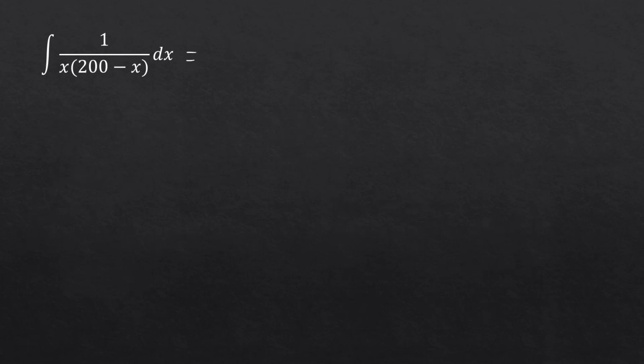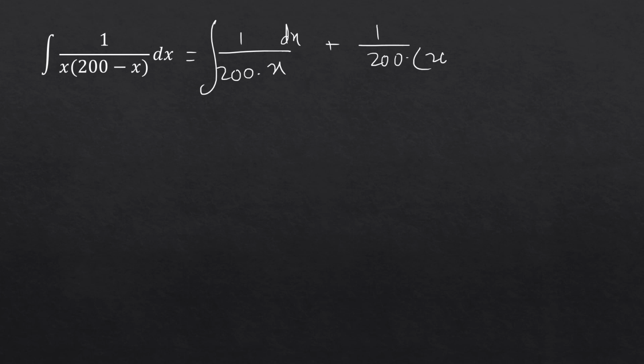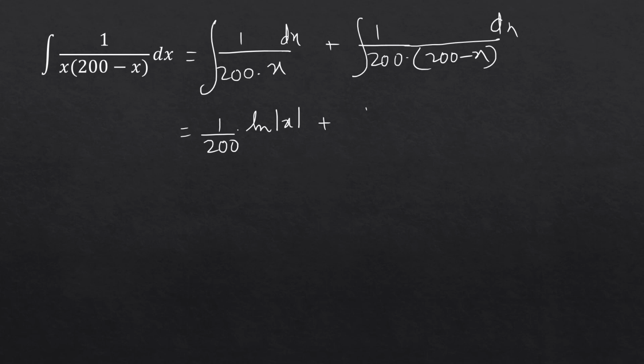So we will write it as 1 over 200 times x dx plus 1 over 200 times 200 minus x dx. So let's integrate. The first step would be, I will write 1 over 200 as it is, taking it out of the integral, and then I will have ln of mod x plus, here we will have 1 over 200 times ln of mod 200 minus x.